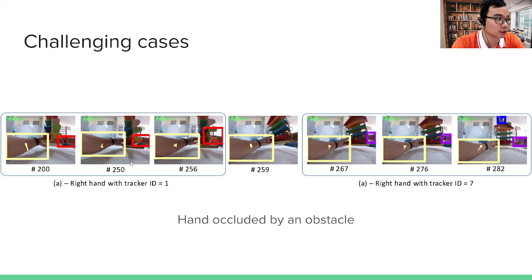Like in this, the right hand at frame 200 is identity 1, but in frame 259, this hand is occluded by a toy, a home toy, and then in frame 282, the right hand is initialized with a new tracker with identity 7.